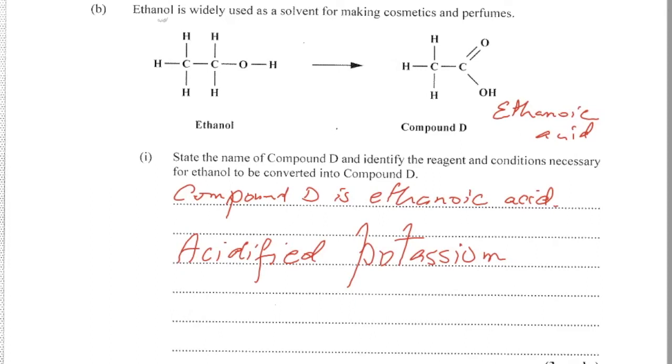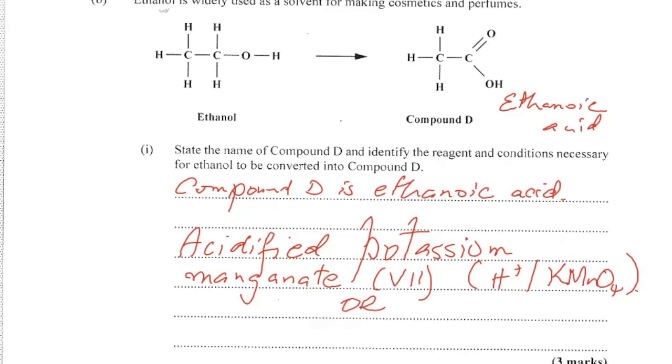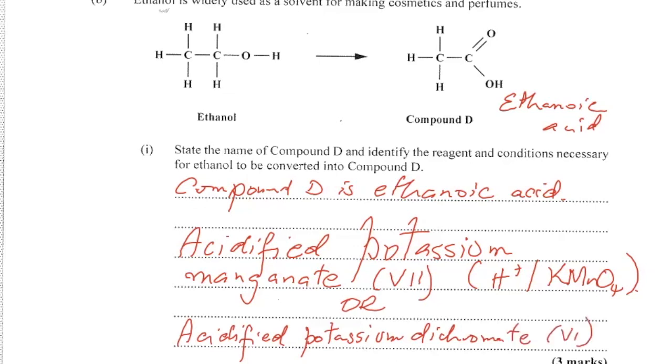Acidified potassium manganate(VII), in brackets we could put H plus slash KMnO4, or acidified potassium dichromate(VI), H plus slash K2Cr2O7.